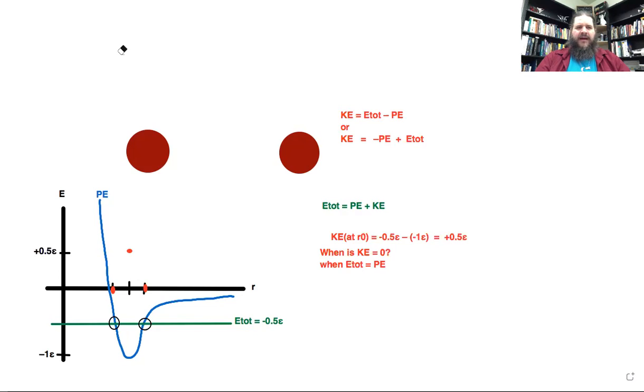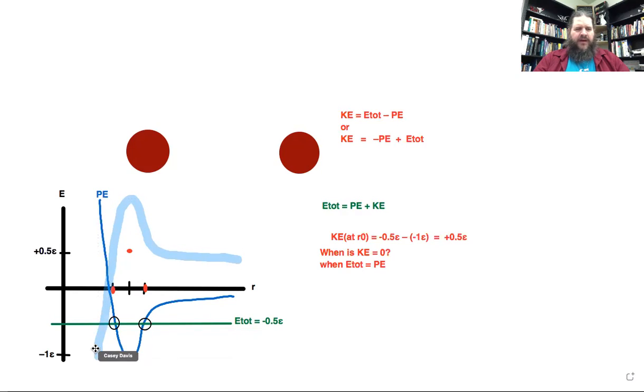So if we take the entire potential energy graph and flip it over, applying a negative sign just flips it across the axis. So it'll look like this instead.